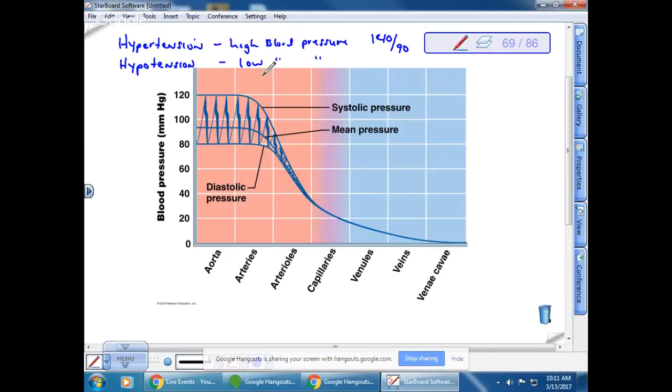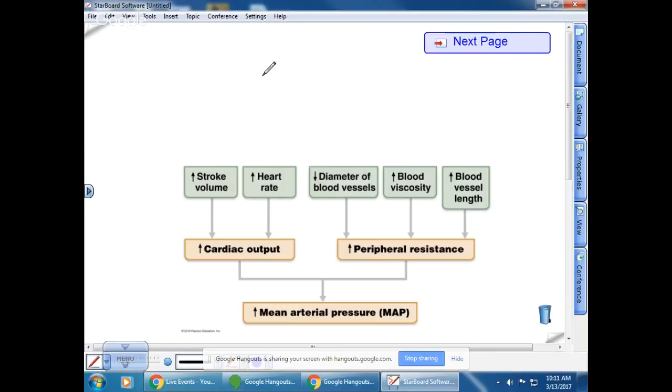So hypotension is not nearly as big of a deal, although it is huge if it's so bad that you're passing out, but hypertension is the silent killer in society. Okay, so let's look at how blood pressure is regulated.